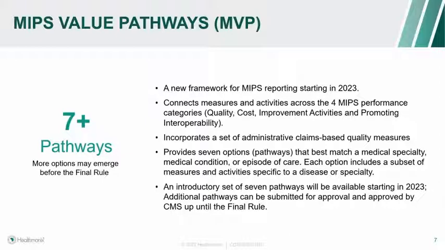Each option includes a smaller subset of measures and activities specific to a disease or specialty. An introductory set of 7 pathways will be available starting in 2023. Additional pathways can be submitted for approval and approved by CMS up until the final rule.